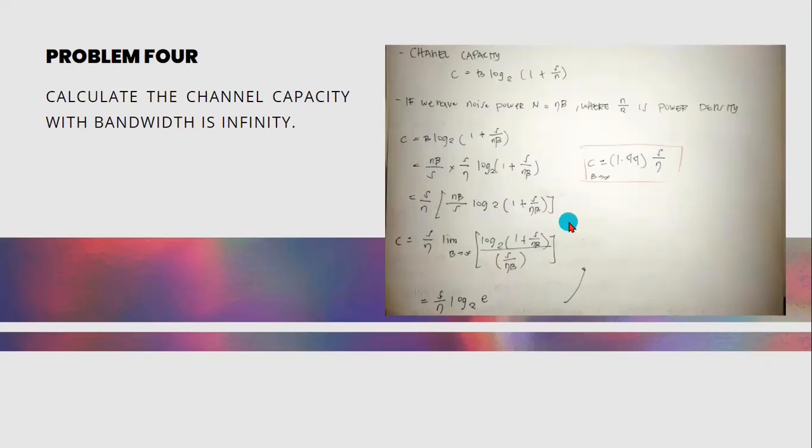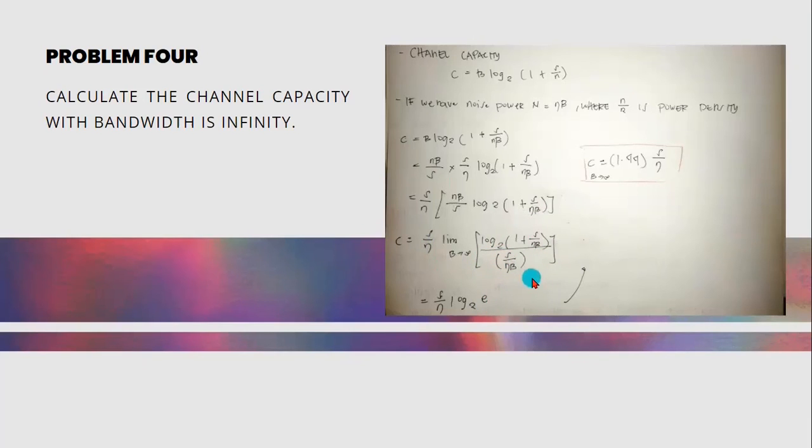Again, to continue, we need to find the limit as bandwidth goes to infinity. So C equals S over N times the limit as bandwidth equals infinity of log 2 of 1 plus S over N B, over S over N B. We all know that this is a logarithmic term with base 2, because it says here log 2.